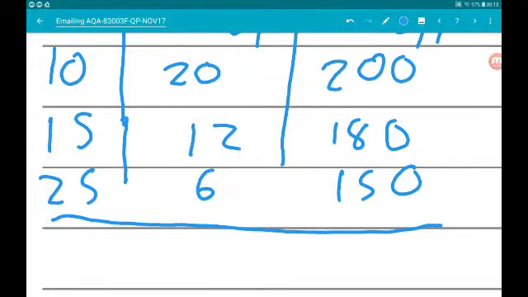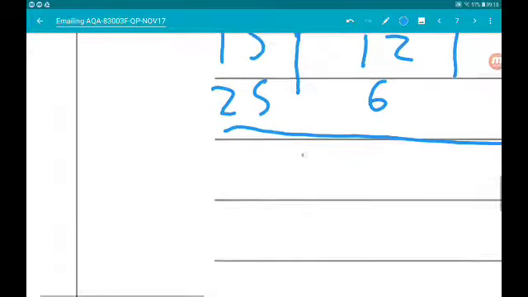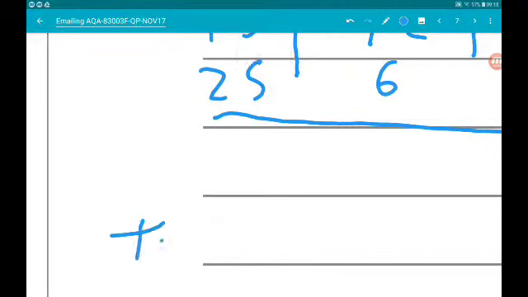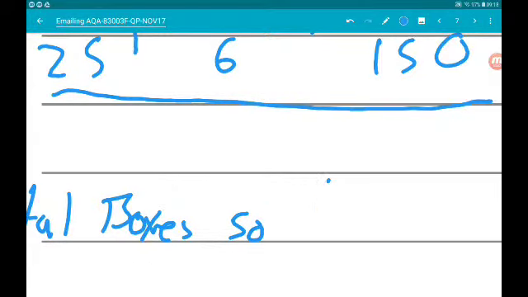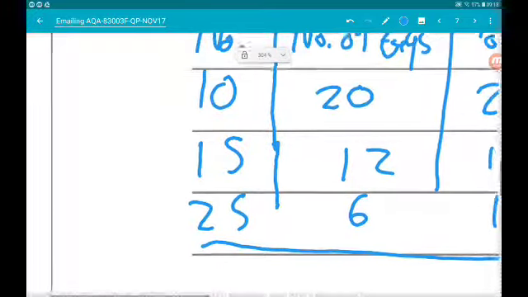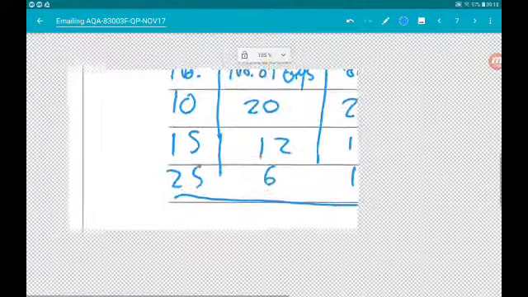So up to there, his total number of boxes so far is 10 add 15 add 25, which is 50.